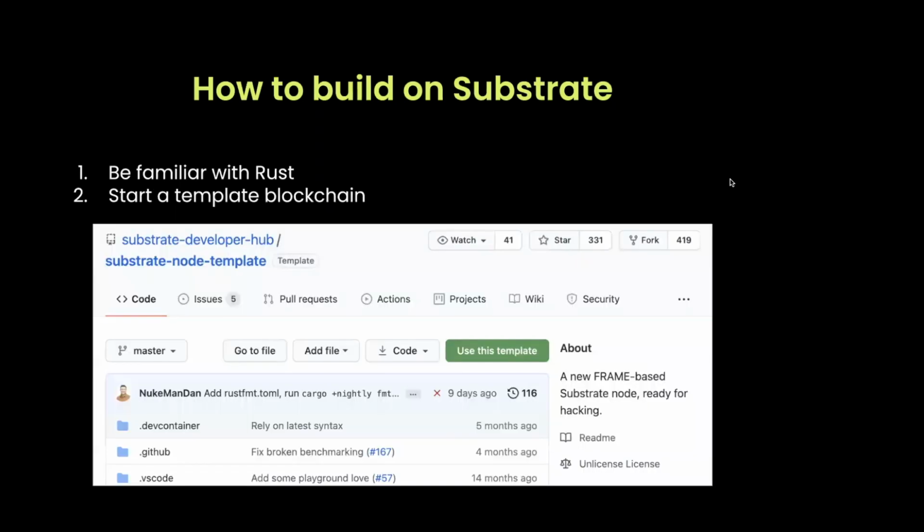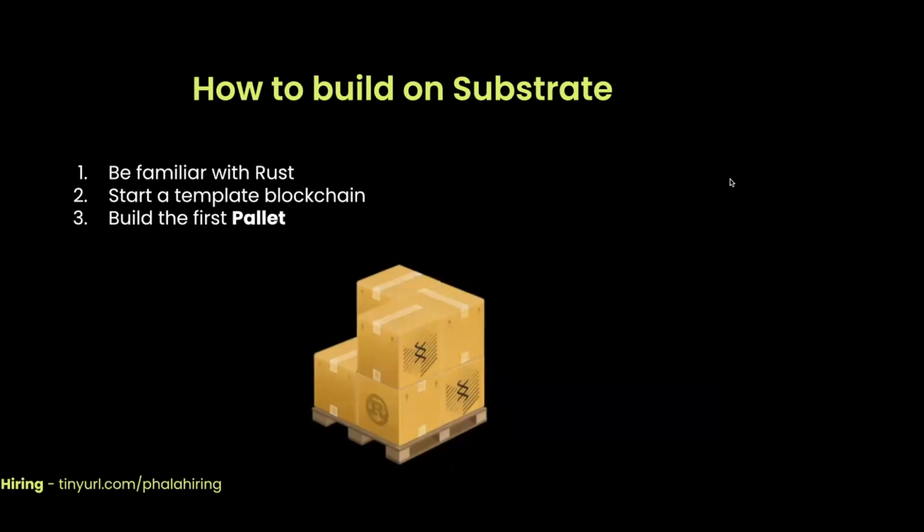And the second step, when you are familiar with Rust, is that we can start with a template. Under Substrate Developer Hub, there is a repo called Substrate Node Template. It's basically just a template for Substrate, and you can download it, compile it, and that is already a very simple blockchain, and you can make your changes on top of that.